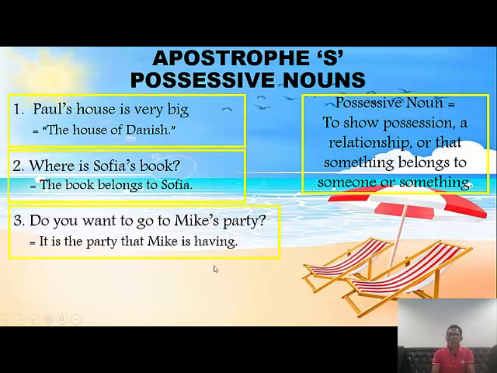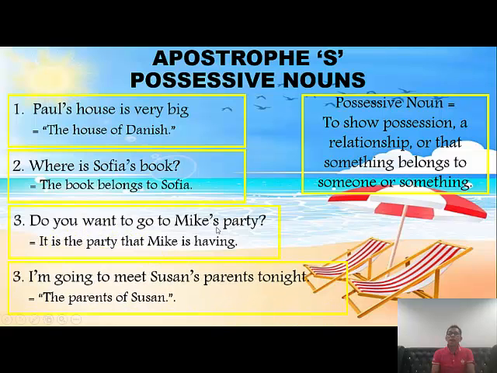Number four, I'm going to meet Susan's parents tonight. Sorry, I'll read it again. I'm going to meet Susan's parents tonight. Obviously, you know that Susan doesn't own her parents, right? So here it shows the relationship between daughter and the parents.